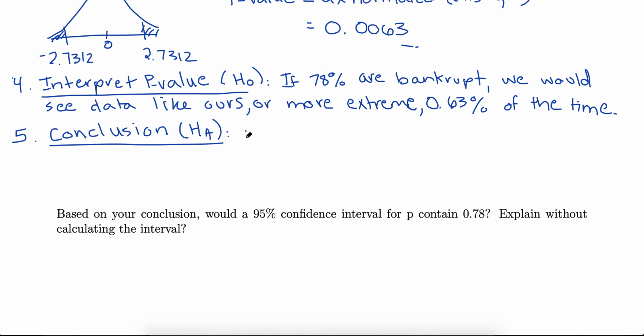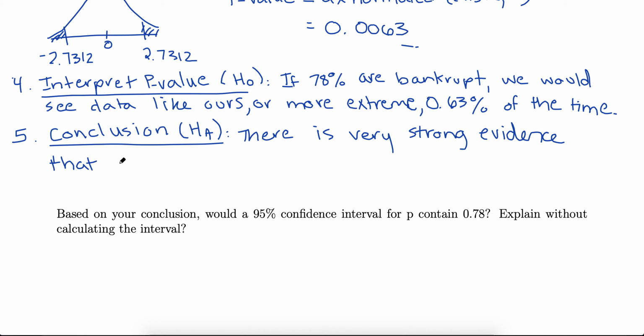So I'll say there is very strong evidence that, again, there's very strong evidence because the p-value was so tiny, very strong evidence for HA in context of our problem.